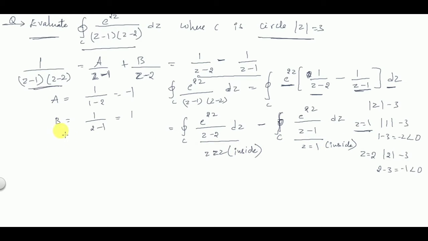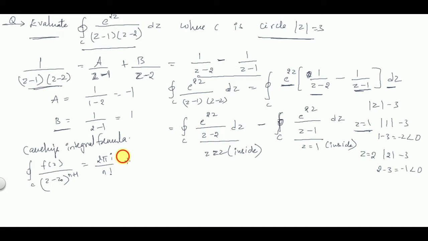Now we can apply Cauchy's integral formula. So what is Cauchy's integral formula? The integral over C of f of z by (z minus z naught) whole to the power of n plus 1 is equal to 2 pi i by n factorial into f^(n) of z naught.